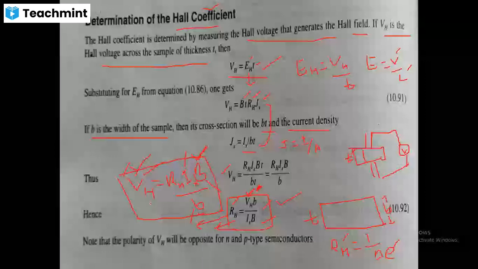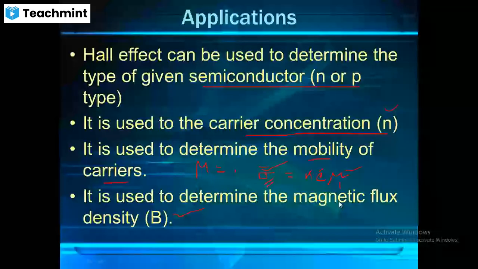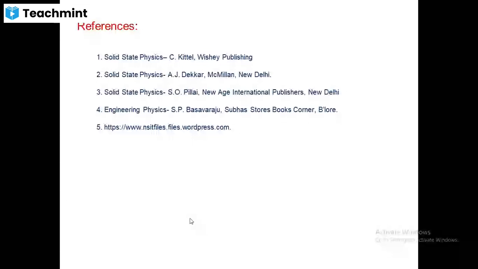Therefore, we say the value of magnetic flux can be determined by using this experiment. So these are some of the very important applications of Hall effect, right? So this is all about the Hall effect and the derivation of Hall coefficient.